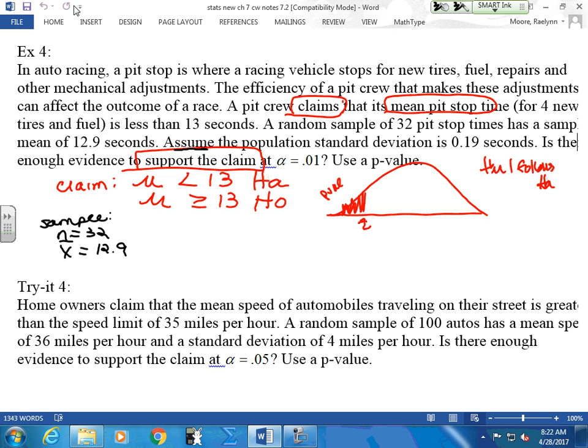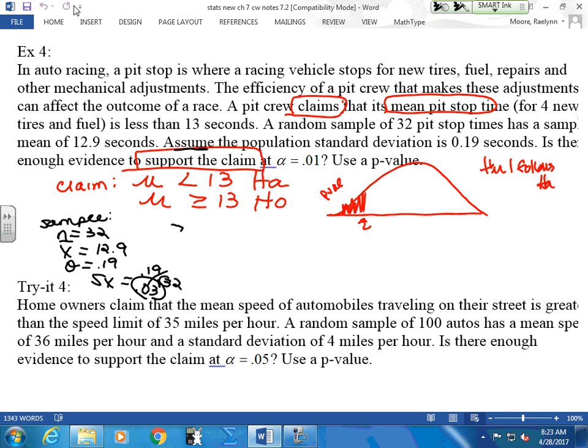So I keep reading, and I see my population standard deviation is 0.19 seconds. Now, this is not my sample standard deviation. I have to adjust it like this. It's going to shrink it down a little bit. I can put that in my formula. I can do it out if I feel like it. It comes to 0.03. But I'll put it in our formula as well.